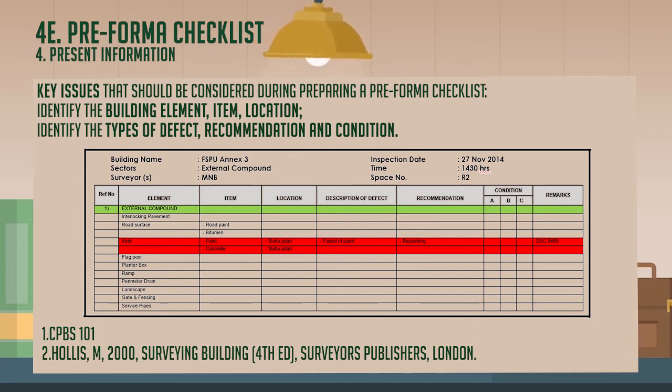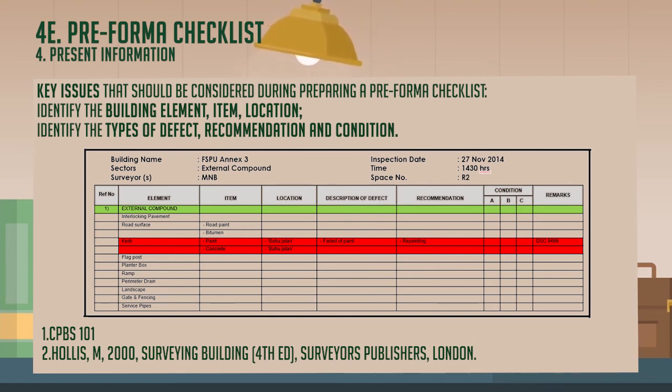Let's make a simulation. Let's say you are located at FSPU Annex 3 right now on the external compound. The element and component that you want to inspect is the curb. So you write down curb on the element column, and the item that you want to inspect is paint and concrete.